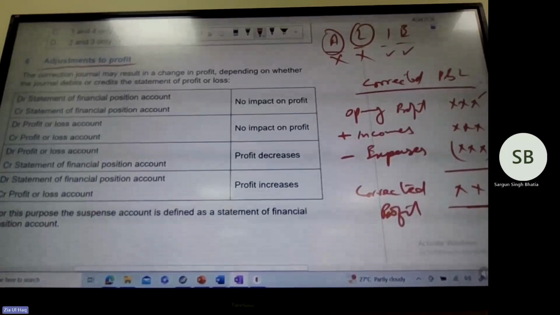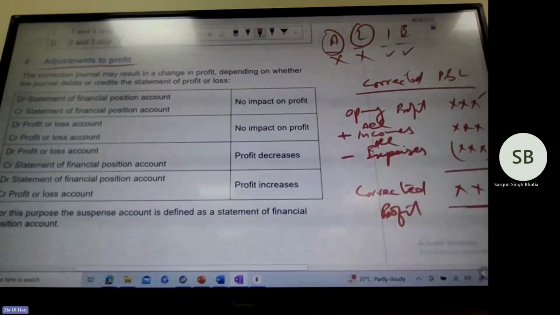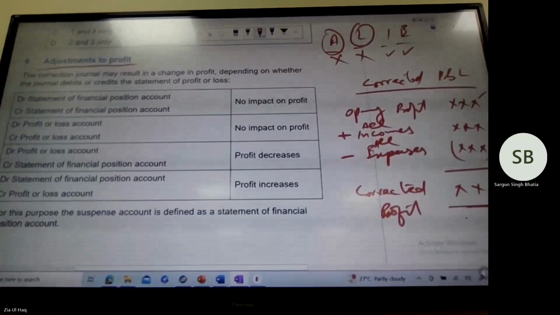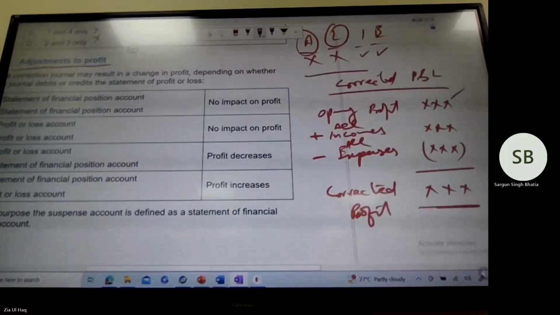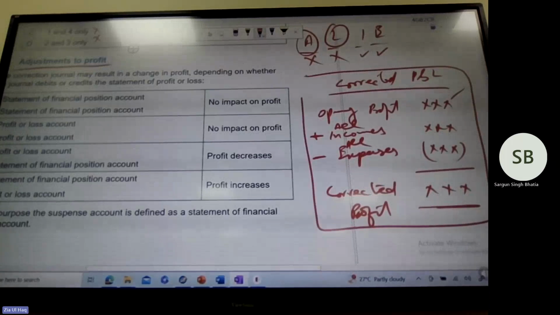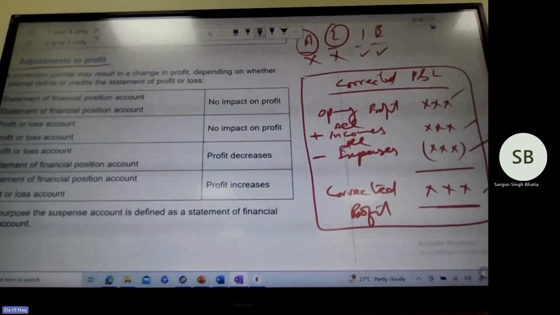All income should be added to the opening profit, and all expenditure should be deducted from the opening profit, and we will arrive at the corrected profit. So just memorize this formula: in the opening profit, add all incomes and subtract all expenses, and we arrive at the corrected profit.